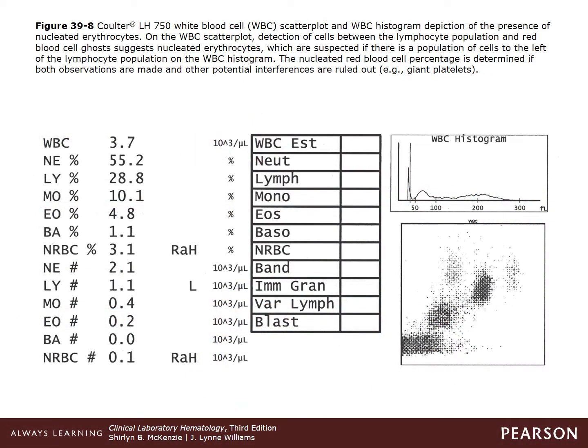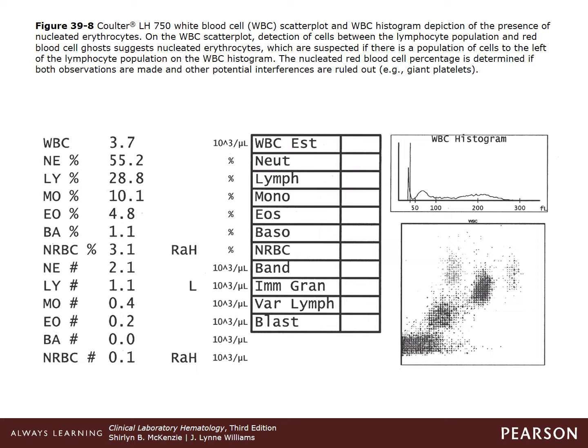So here's an example of a Beckman Coulter LH750 printout where you can see that the Coulter uses the principle of impedance as well as a variation of optical light scattering for leukocyte differentials and reticulocyte enumeration.